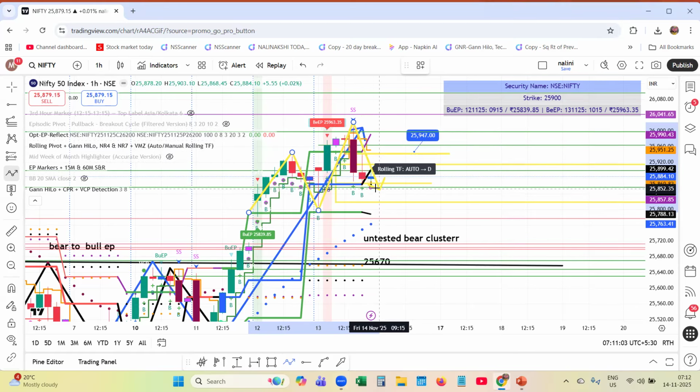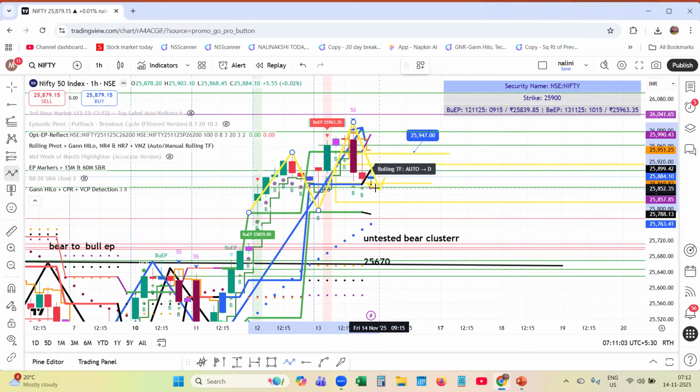25,947, and it can trade within this range also. So if you see the range 25,947 to 25,816, that is around 120 points. The market may go sideways like this, or if it is in a hurry, it can test this bear EP cluster.